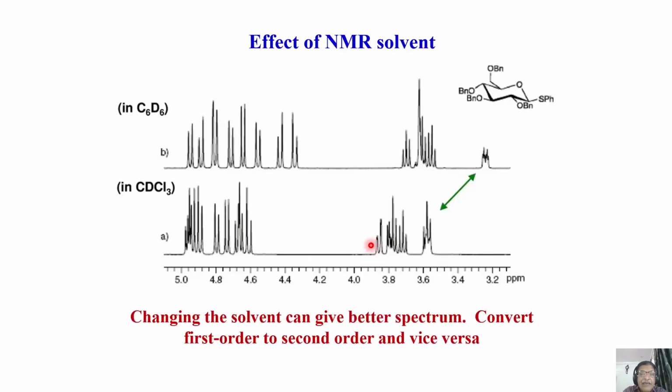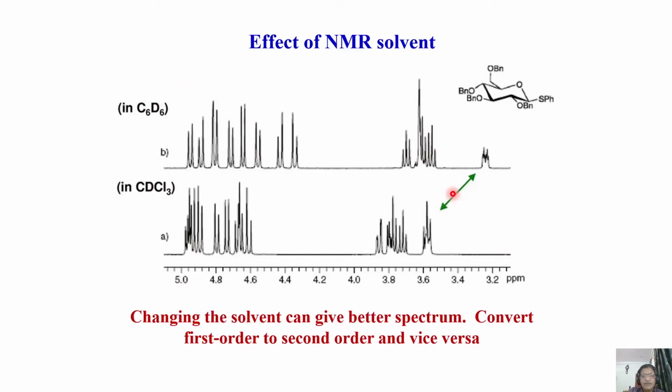Now, as another step in understanding the effect of the NMR solvent, look at this molecule. This was taken in CDCl3. What is the difference between this spectrum? It is the same molecule, taken in benzene solvent.